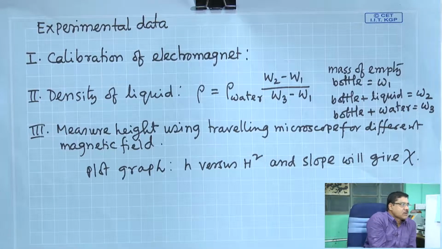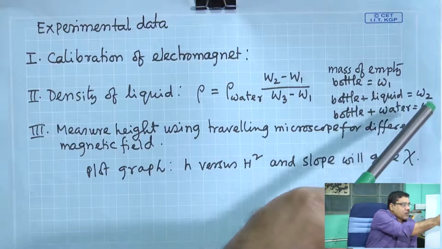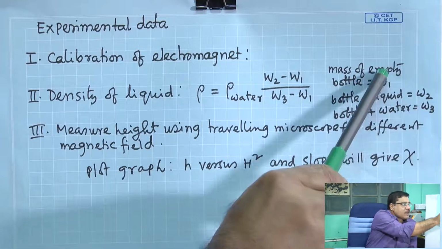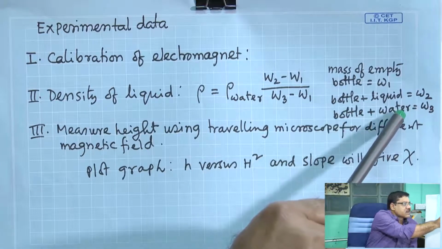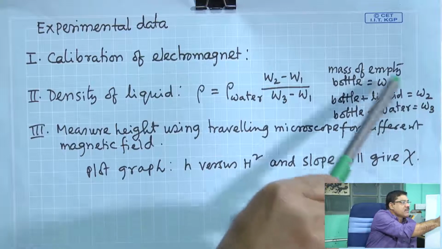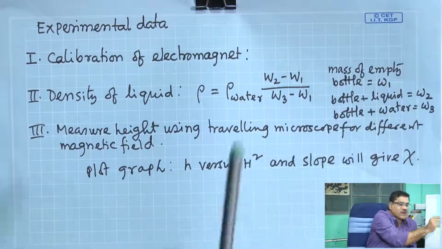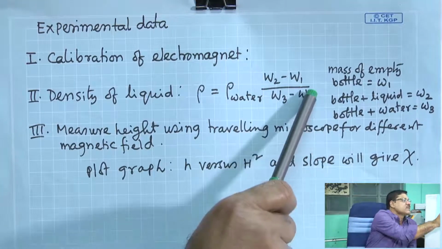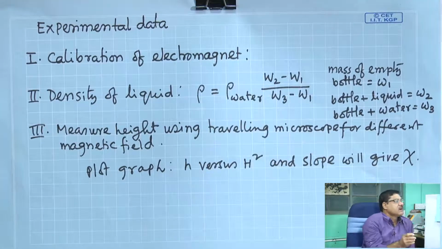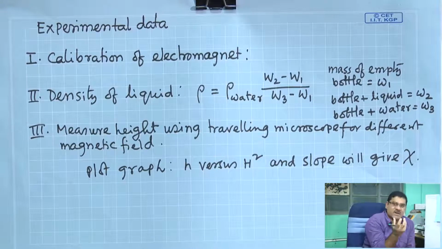W3 minus W1 means the mass of the water.